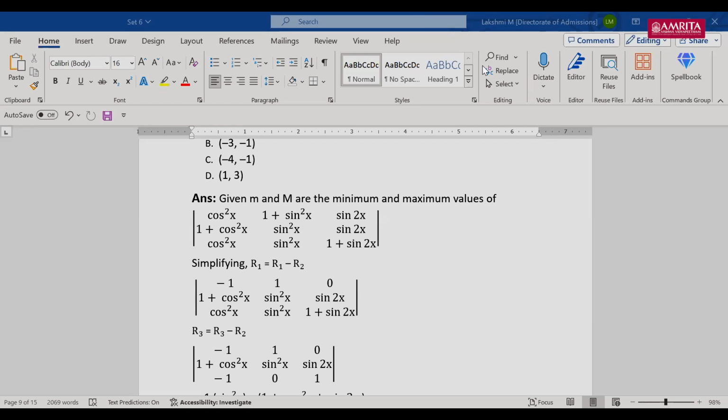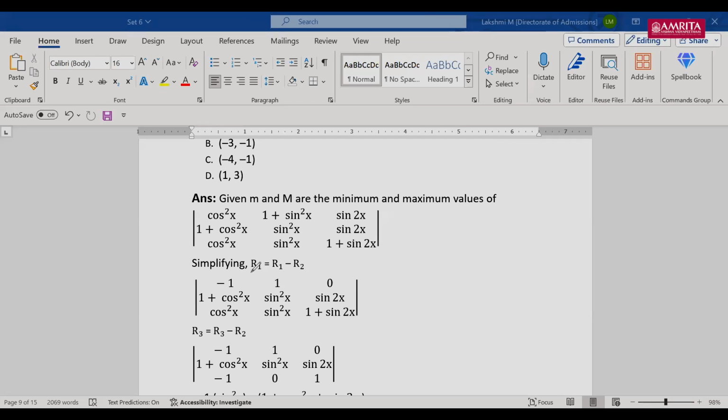I'm not saying you to just do this row to this row. I know you'll not be able to remember each question in that way, but that logic has to come from you. When you're performing some column operation or some row operation, is it possible for me to reduce this? That's a very important part that you need to think on.